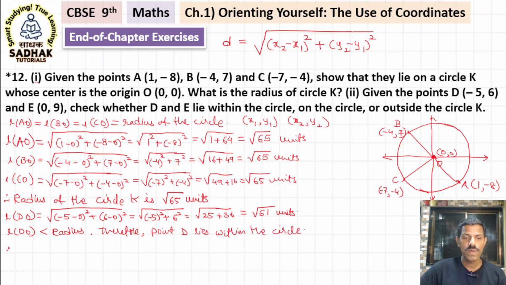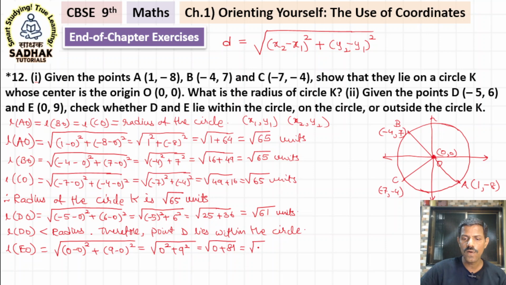Now let us quickly go to the length of EO. For this also we will consider the coordinates of E as x2, y2. So that means (0 minus 0) the whole square plus (9 minus 0) the whole square. That will give us square root of 0 square plus 9 square, so 0 plus 81. So it is square root of 81.